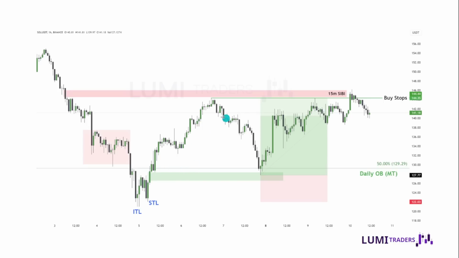Price simply ran away from this level, but failed to take this 15-minute fair value gap, right? What does it mean? We want to see retracement all the way down to this fair value gap. Now I want to place my limit order right here with stop below the short term low, and my target right now is going to be this 15-minute fair value gap.